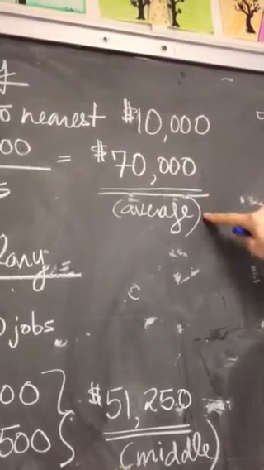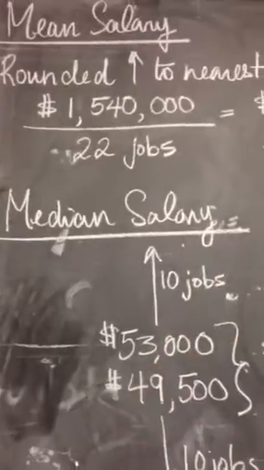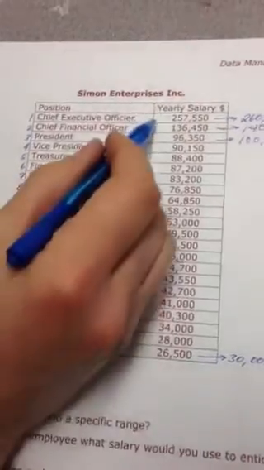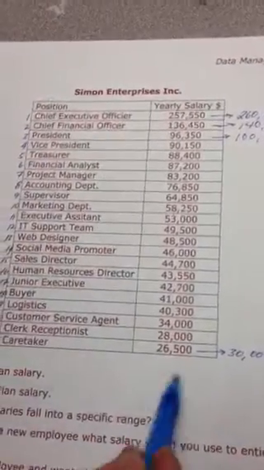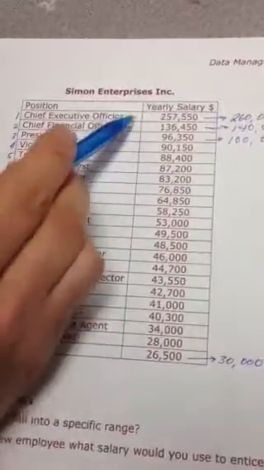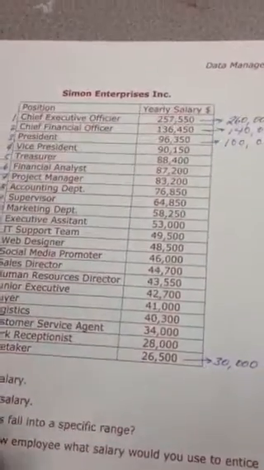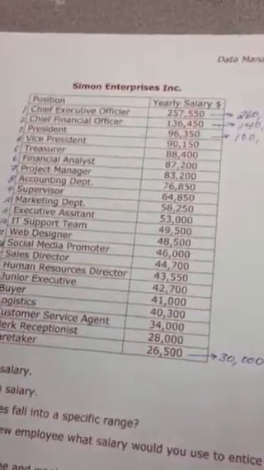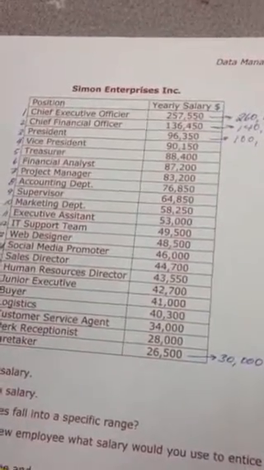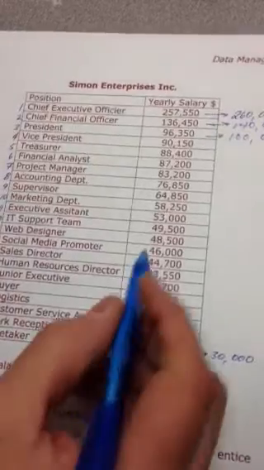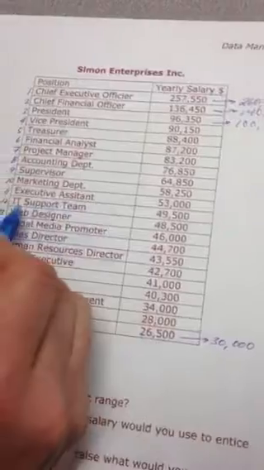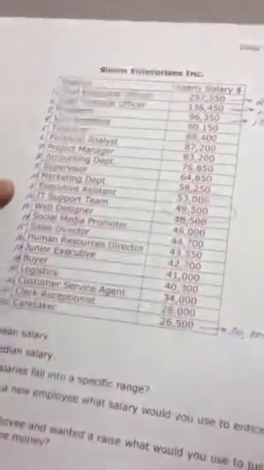In order to calculate the median salary, let's go back down here to our chart, we would basically need to arrange the data in ascending or descending order. That is, from least to greatest or from greatest to least. And we need to pick the middle number. Now, it's already beautifully arranged in this chronological order, so we can easily determine that the median salaries would be between executive assistant and IT support team, these two amounts here.